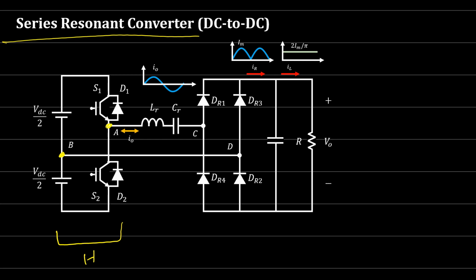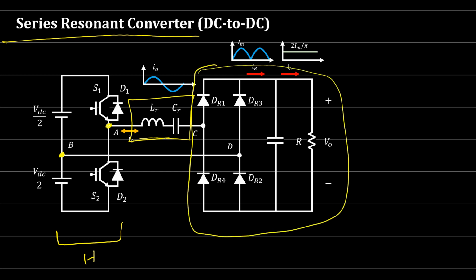The second part is the resonant tank. Here we have the capacitor and the inductor, and we suppose that these two components are operating at resonance, okay, so their values are matching with the frequency value, okay? And finally we have the rectifier stage, which is a four diodes bridge rectifier, okay?